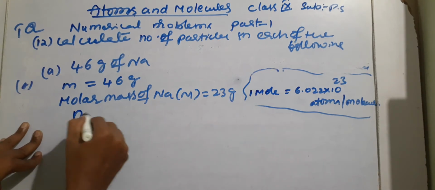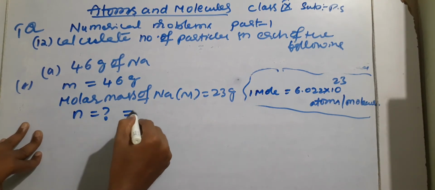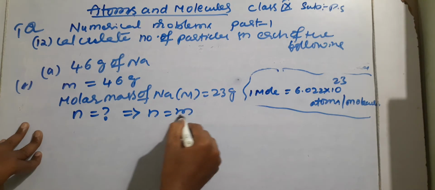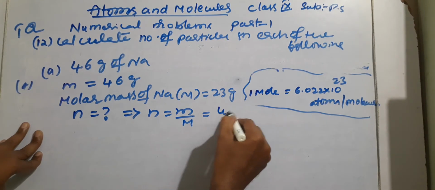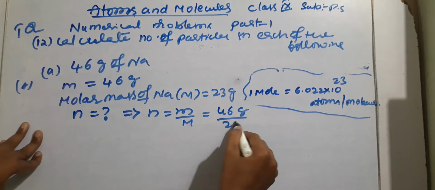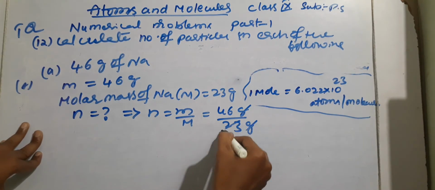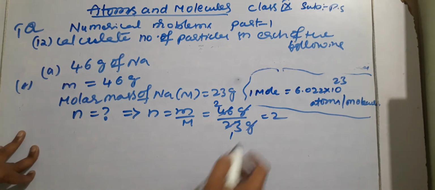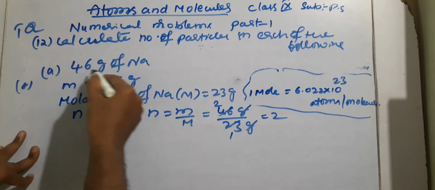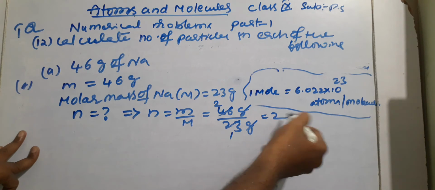So now we first want to find the number of moles. This implies n is equal to small m by capital M. Small m is given as 46 grams and this is 23 grams. Grams cancel, 23 ones are 23, 23 twos are 46. So that is 2 moles. 46 grams of sodium has 2 moles.